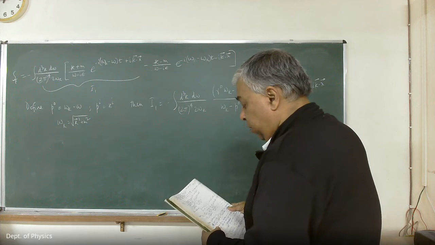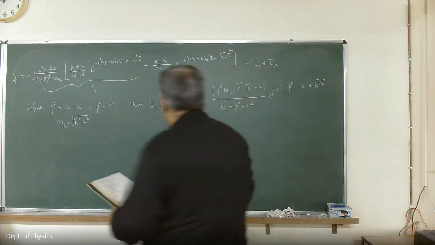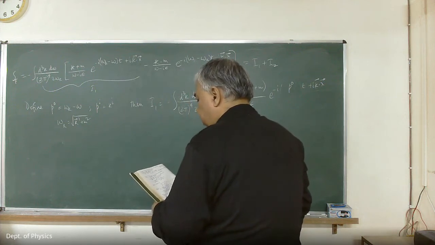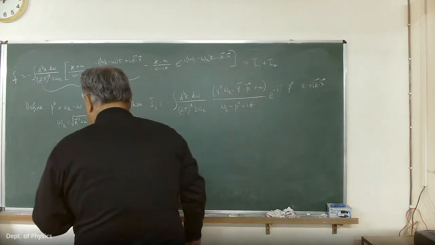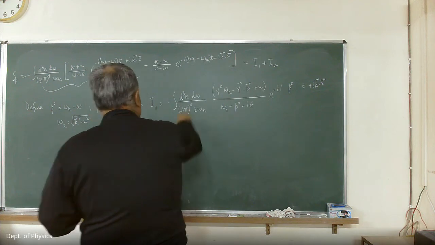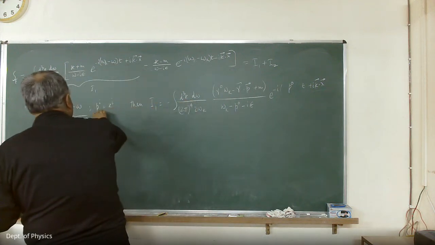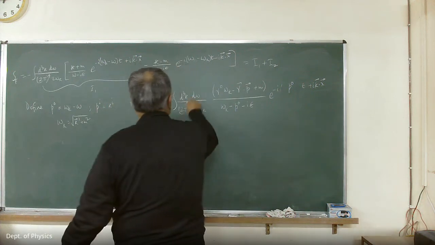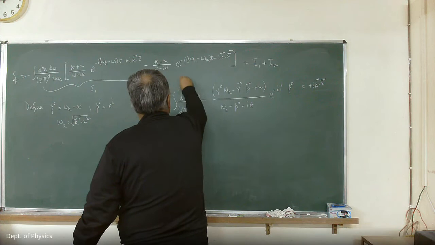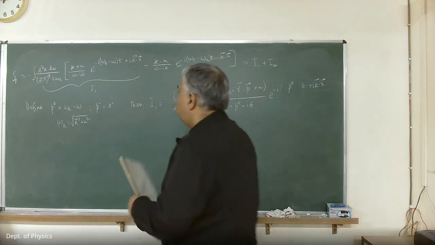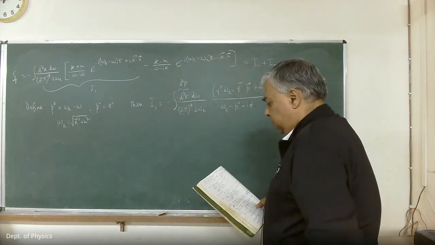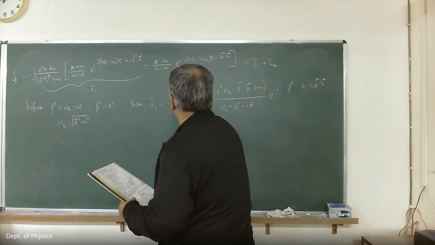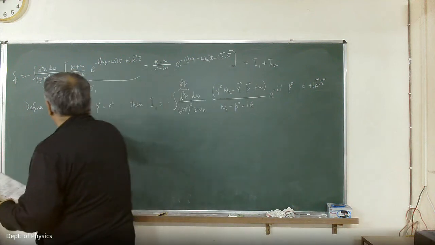I can change the measure. d3k d omega was there. The spatial part of k is p itself, so I can write this part as d3p itself, and minus d omega is dp naught.